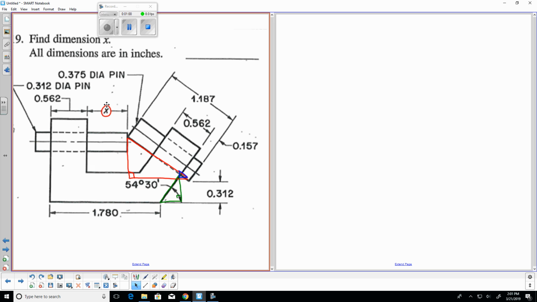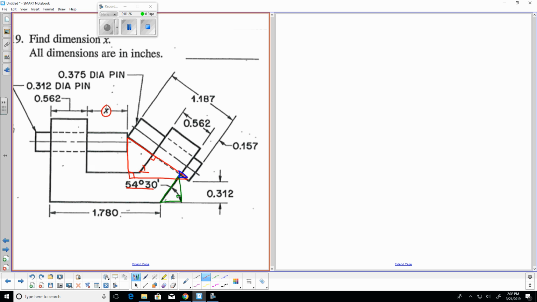Now, the first thing you're going to need to do is take that red triangle and realize that in this red triangle, this angle right here happens to be the same as the angle given to you right there. Okay? And if this is a 90 here, which it is, that means that this angle is the complement of that angle.